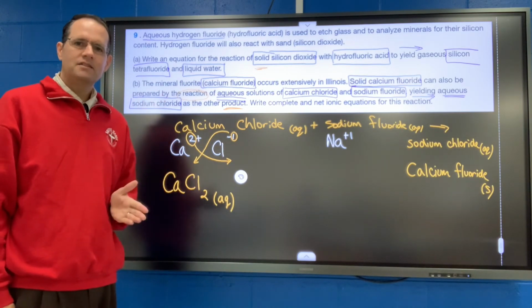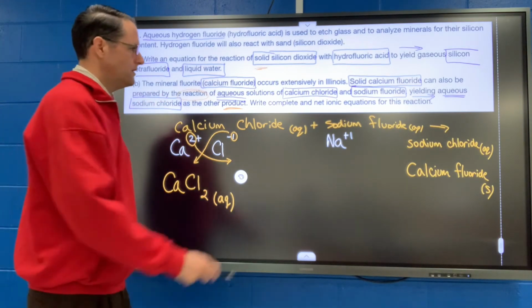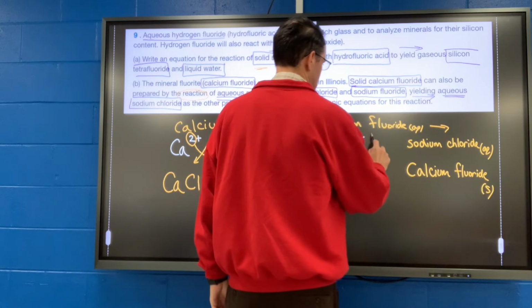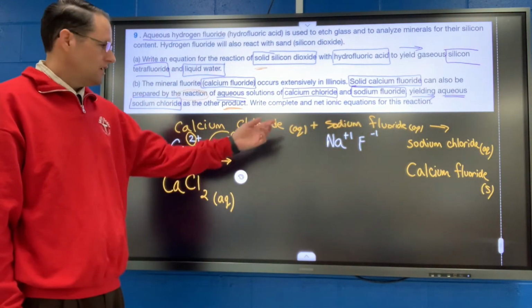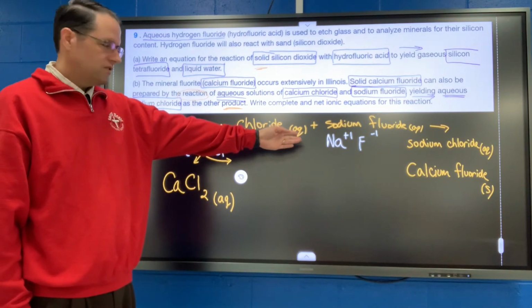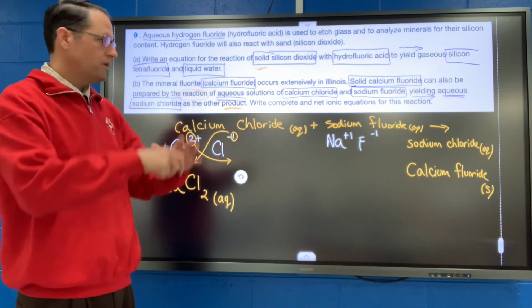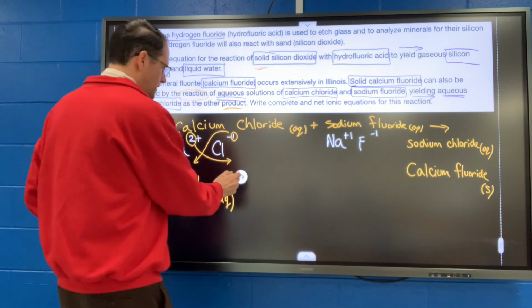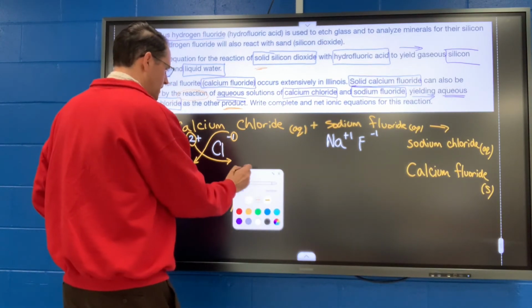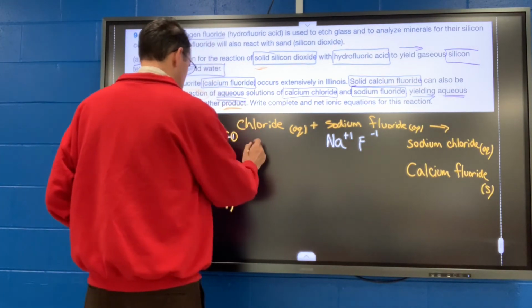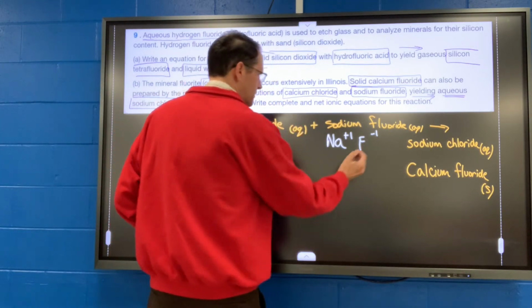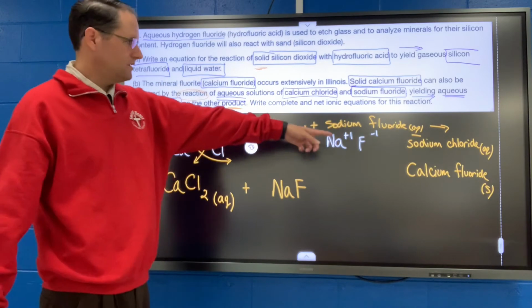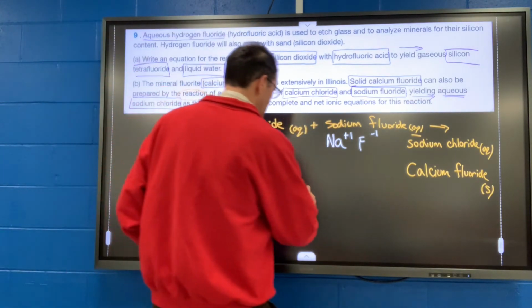It's also a halogen, so its charge is going to be -1. Now, since the charges are equal in magnitude, we can just stick one sodium ion with one fluoride ion, and we get the formula NaF, okay? So I'll write that right here. It's still aqueous, as it mentions in the problem, so we want to write (aq).